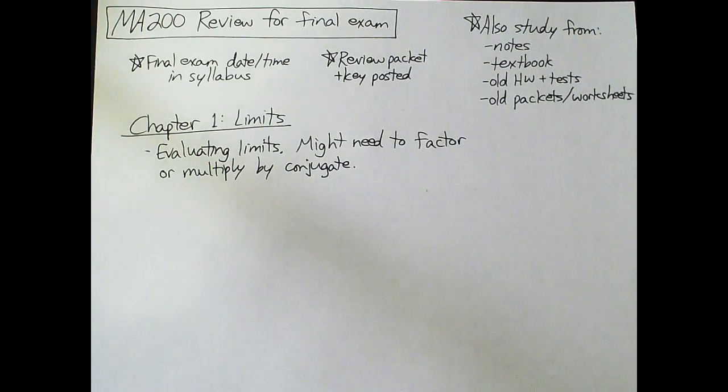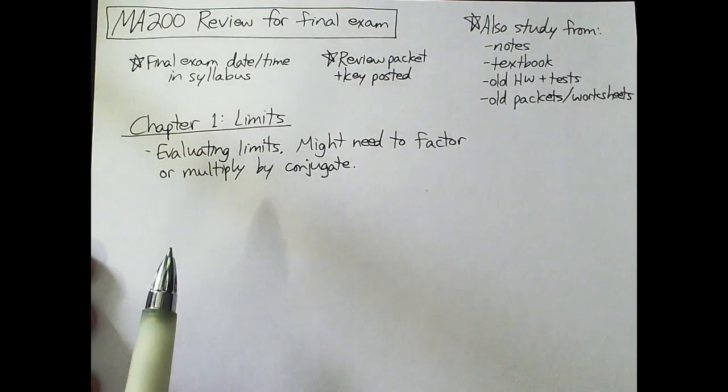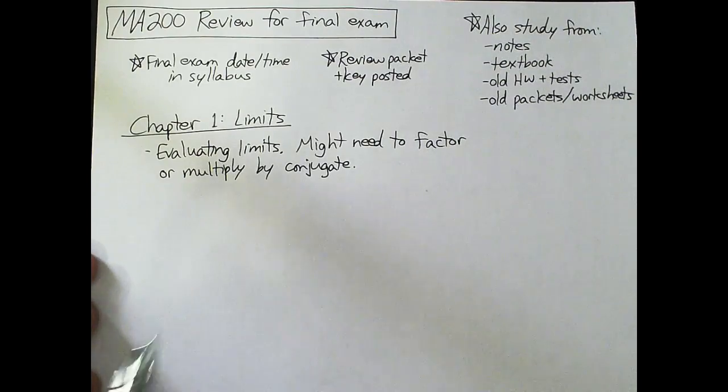You can go back and review that. Basically, we were able to evaluate a lot of limits before we knew about L'Hopital's rule. And L'Hopital's rule, which I'll talk about a little later, is not for every type of limit problem. It's really just for certain limits.